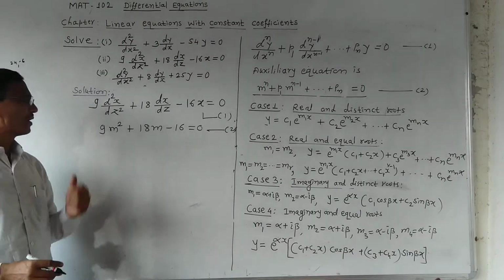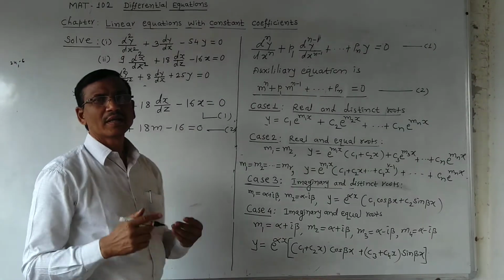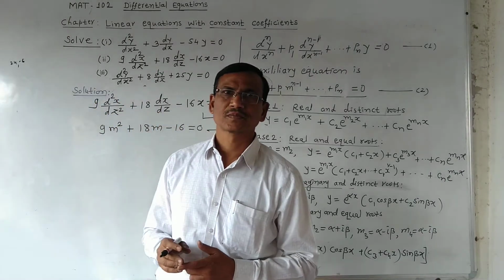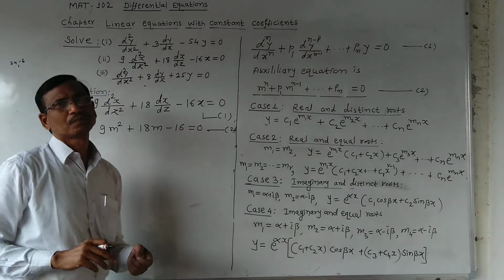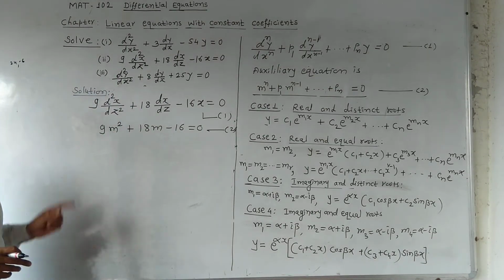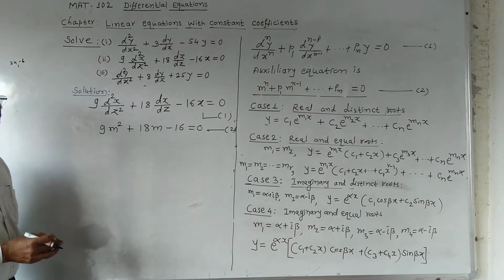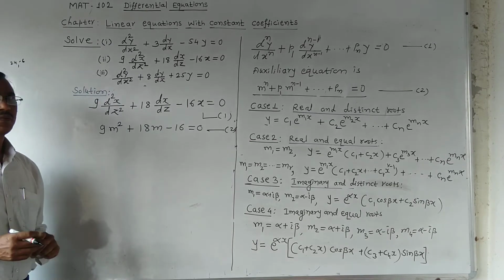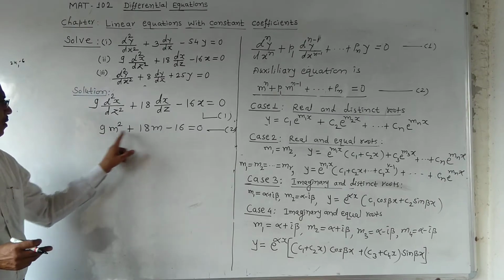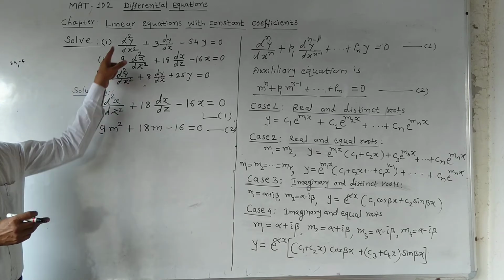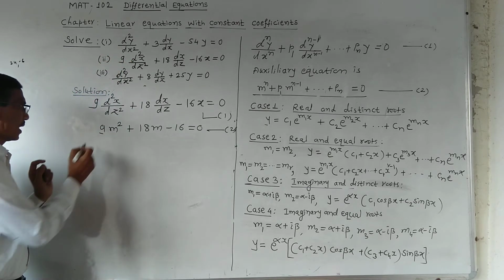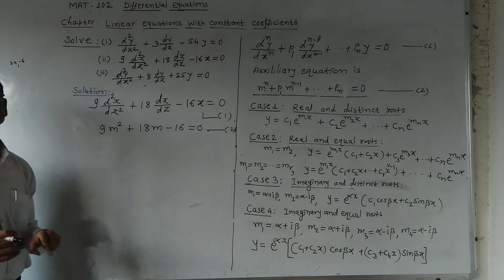This is again a quadratic equation, a second order equation. Therefore, it has 2 roots. To find the roots, we factor this. Now, here the multiplier is 9. In the previous case it was 1, but in this case it is 9, and the last term is 16.